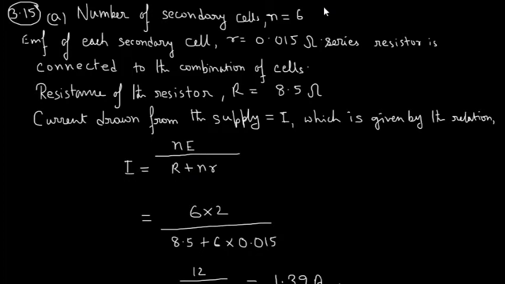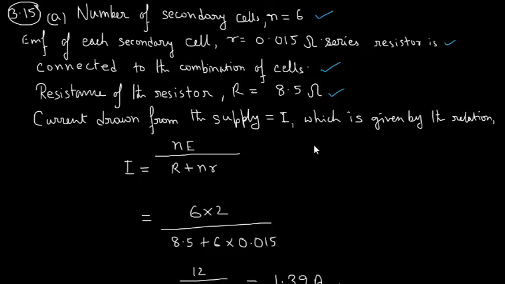The solution for part A is number of secondary cells, that is n is equal to 6. EMF of each secondary cell E is equal to 2 volt, internal resistance r is equal to 0.015 ohms. Series resistor is connected to the combination of cells. Resistance of the resistor R is equal to 8.5 ohm.